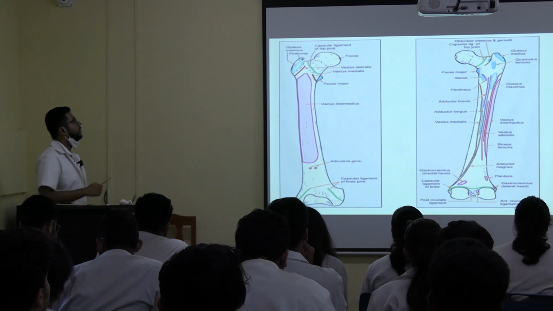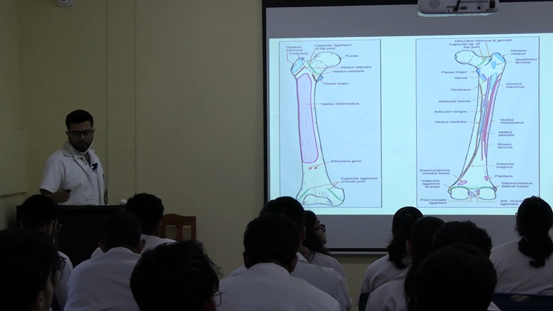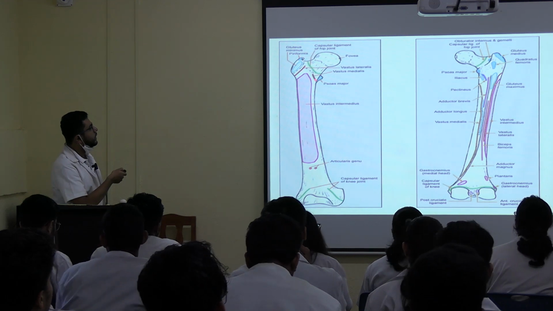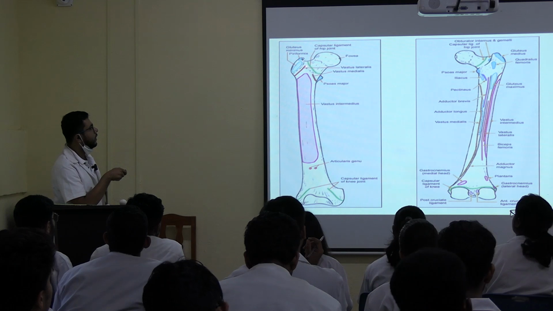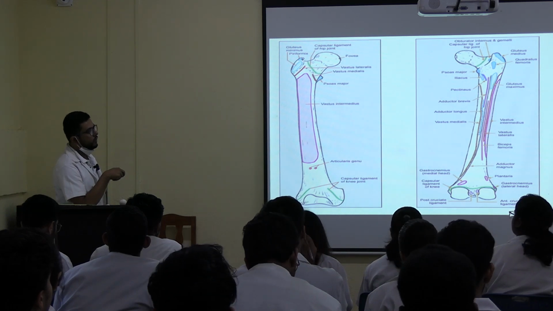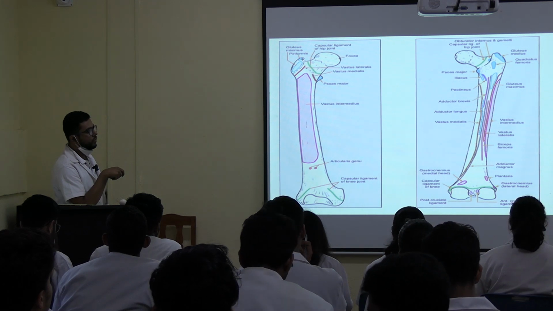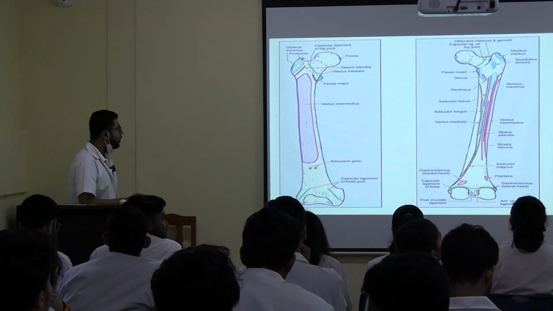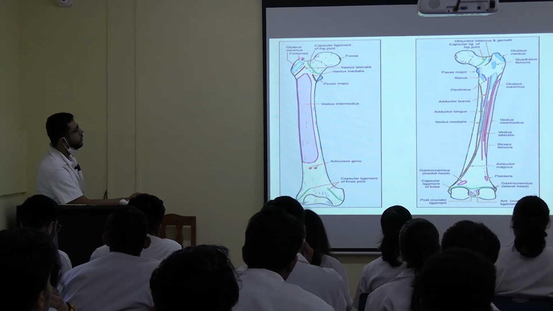Start from the anterior part. So start from here. What is this line? Intertrochanteric line. Tell me the starting point. Intertrochanteric line. Then what is this part?